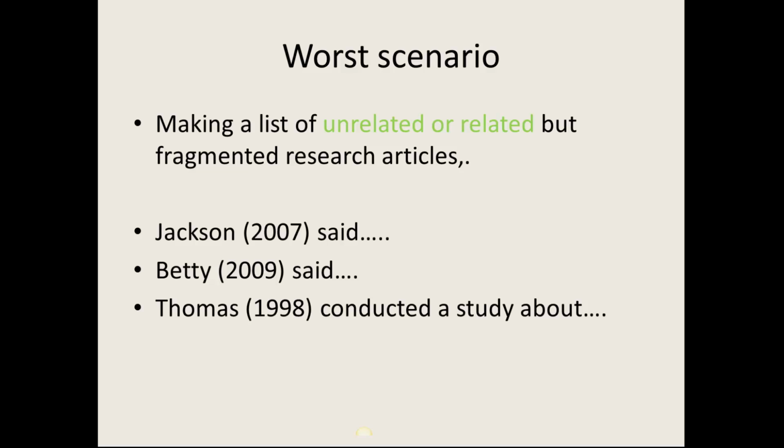I've seen it a lot that students make a list of the studies that they have reviewed without trying to synthesize this research, to explain the relationships, to somehow connect these articles together.